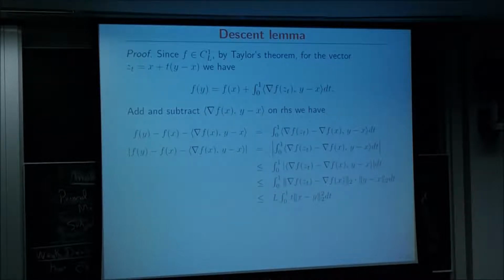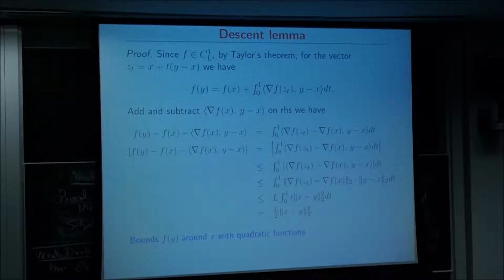So you just get that, and it nicely simplifies out to this particular formula after integrating. So very easily, using nothing other than standard Taylor's theorem, triangle inequality, Cauchy-Schwarz, and the assumption of Lipschitz continuous gradients, you get a quadratic upper bound.